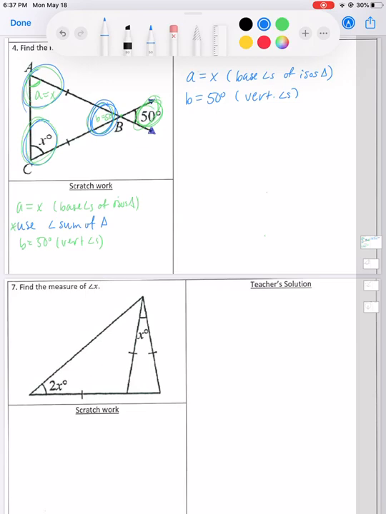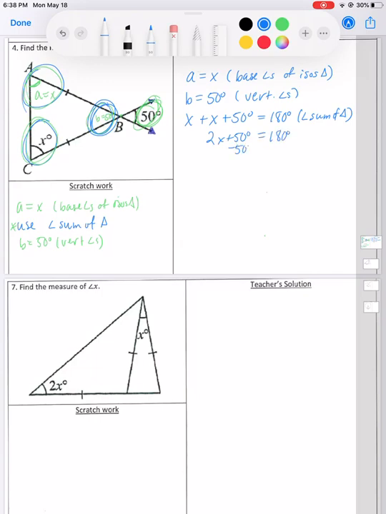Now we can say that x plus 50 degrees is equal to 180 degrees. Notice that I'm using angle sum of triangle as a sum. And when we add those together, we get 2x plus 50 degrees is equal to 180 degrees.